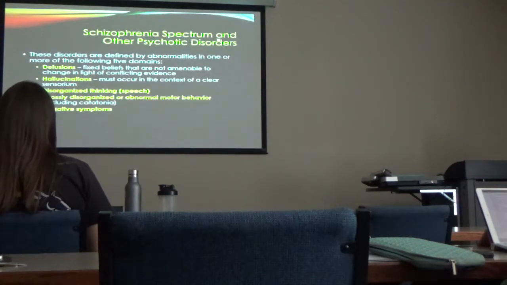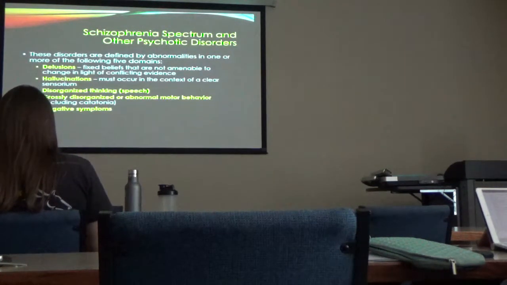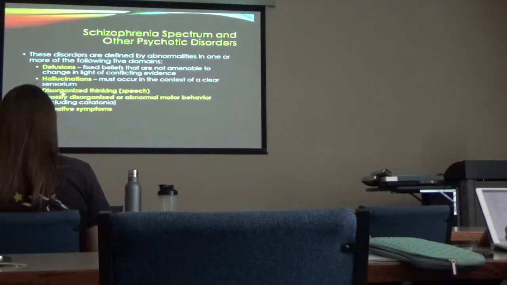Okay, schizophrenia spectrum and other psychotic disorders, they all are grouped together because there are 5 domains of dysfunction that you can see. All of them don't have to be present for every diagnosis, but these are the 5 that will define it one way or the other. So you have delusions, hallucinations, disorganized thinking, which shows up as speech.